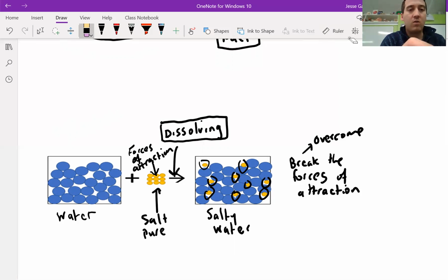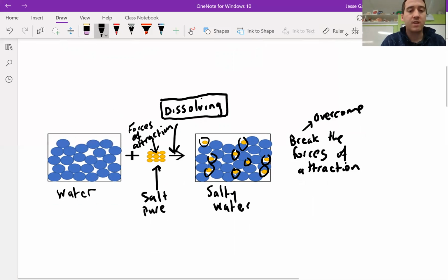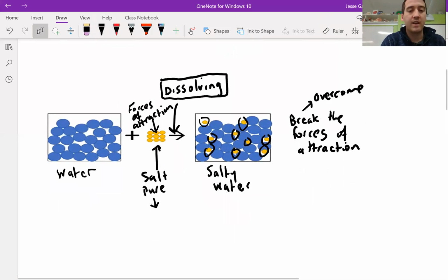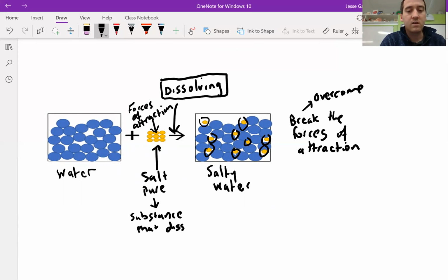Now we have a word to describe each of these things. The pure salt, the solid in this case, is the substance that dissolves.